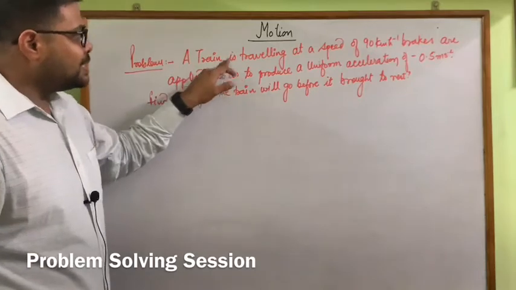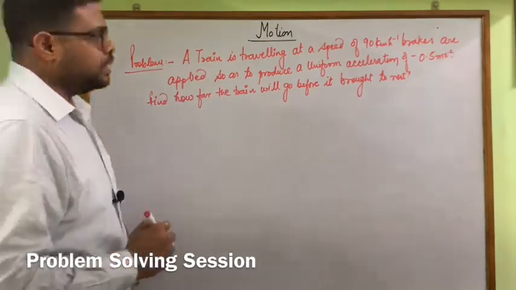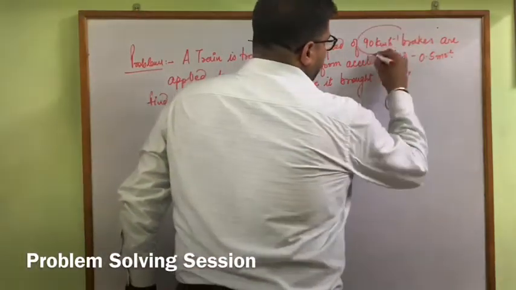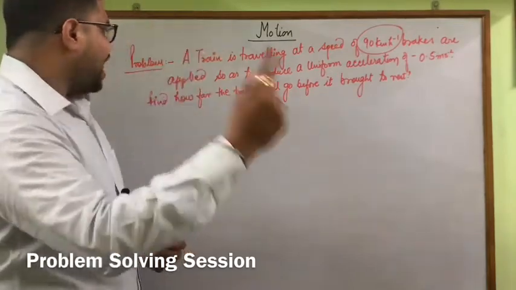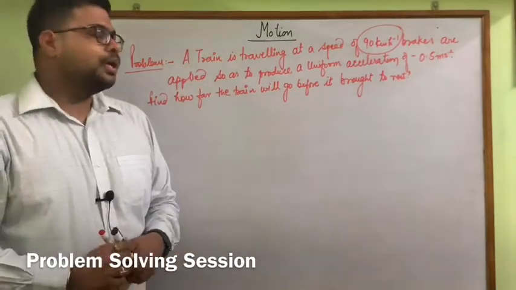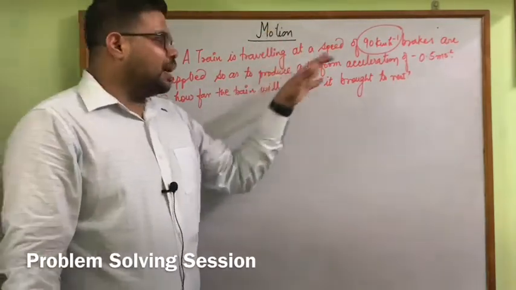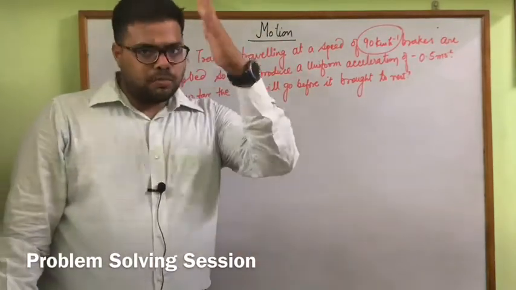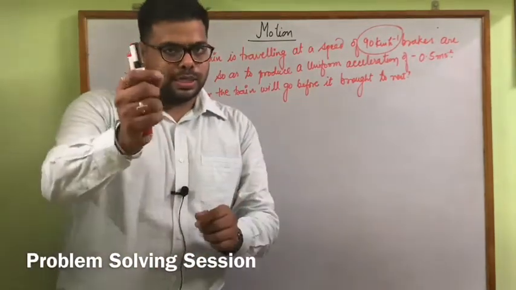A train is traveling at a speed of 90 km per hour. This is the first information given here: 90 km per hour is the speed. Brakes are applied. So when a question uses this kind of language, when brakes are applied, remember its final velocity becomes 0. It is a hint.